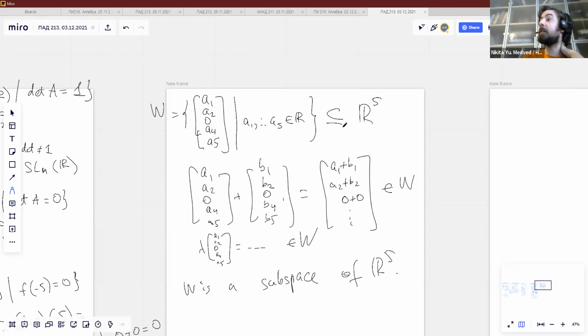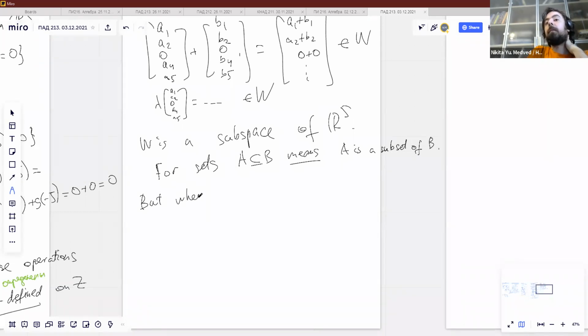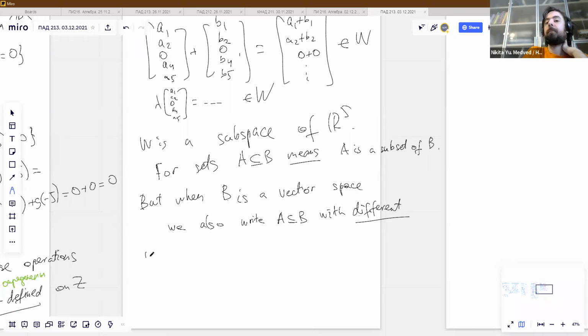For any sets in any kind of mathematics, this means that A is a subset of B. But when B is a vector space, we also write this with a different meaning: A is a subspace of B.